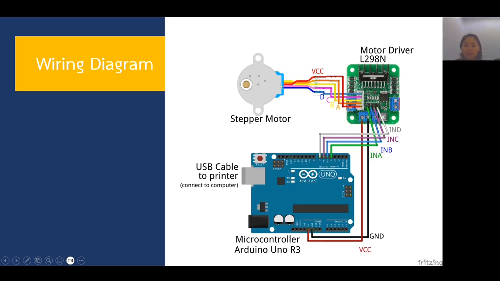And then for the stepper motor, the blue wire is connected to pin D, the pink or purple to pin C, yellow to pin B, and orange to pin A, and the red one connected to the VCC.